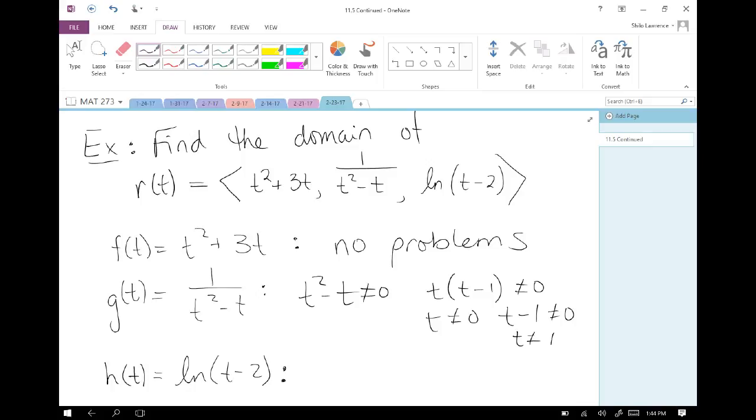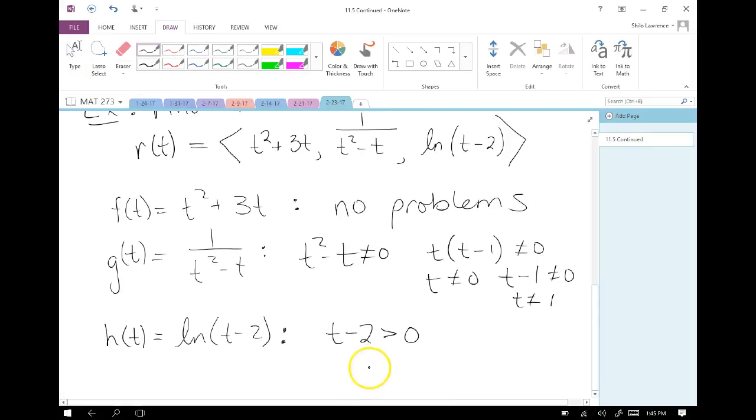We can't take the log of 0. We can take the log of a positive number. So we just need to make sure that t minus 2 always comes out positive. So algebraically, the way that we write this and what we're going to solve is t minus 2 must be greater than 0. So t must be greater than 2.